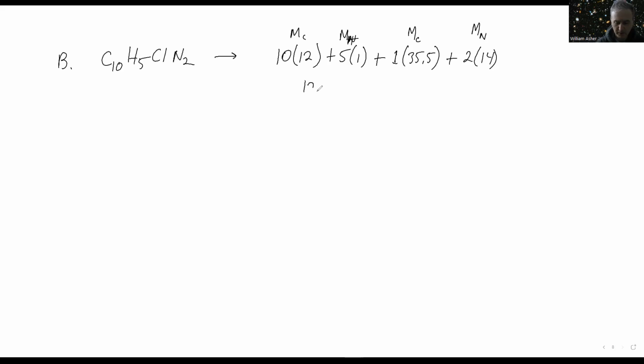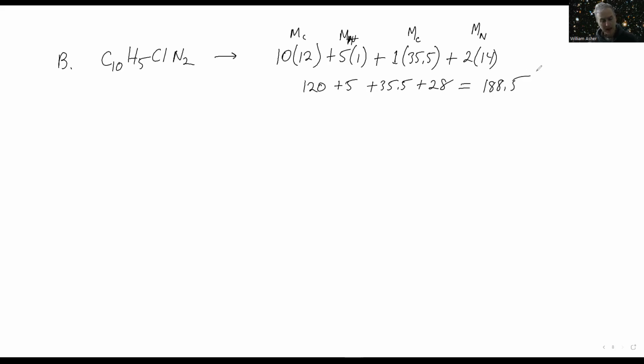So this is 120 plus 5 plus 35.5 plus 28, which is equal to 188.5.